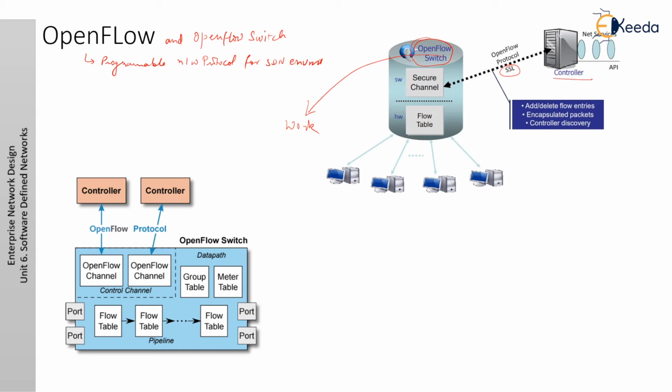That is the flow table; these flow tables are installed on the switch. The second thing is a controller. And the third thing is a proprietary OpenFlow protocol.